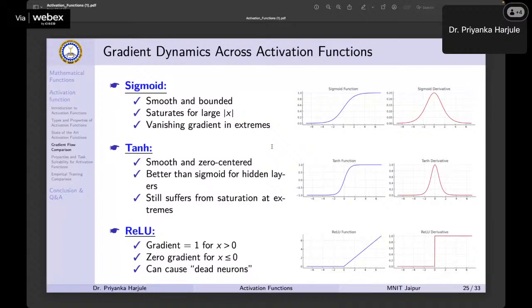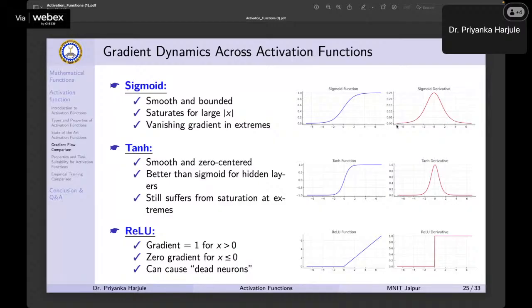Sigmoid, as we have already seen, is smooth and bounded, but for very large or small inputs the derivatives approach zero. As you can see here, for very large or very small inputs, that is |x| greater than 4, the derivative is approaching 0.